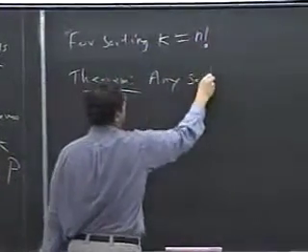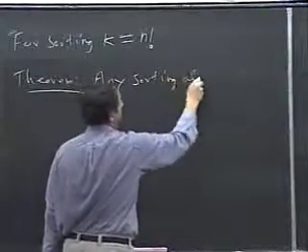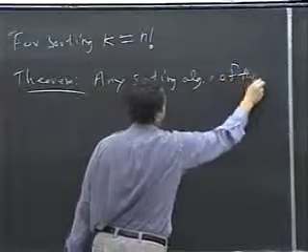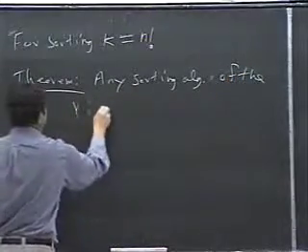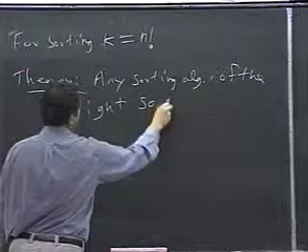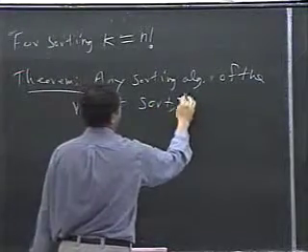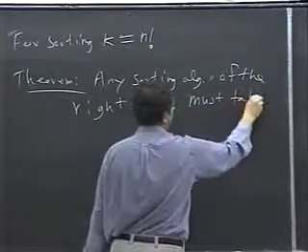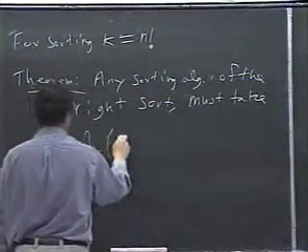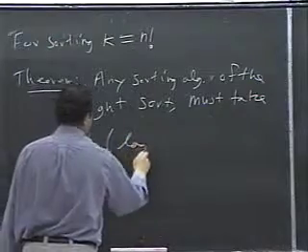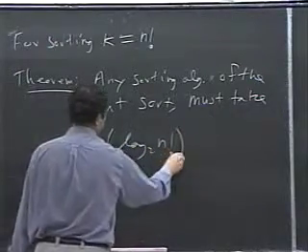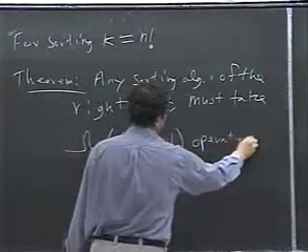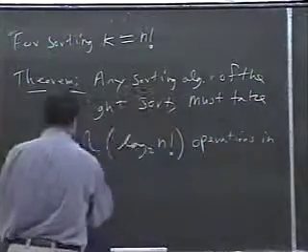Any sorting algorithm, and here's the key thing, of the right sort, must take omega of log base 2 n factorial operations in worst case.